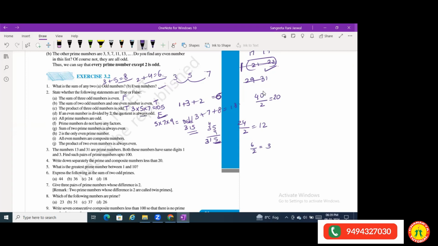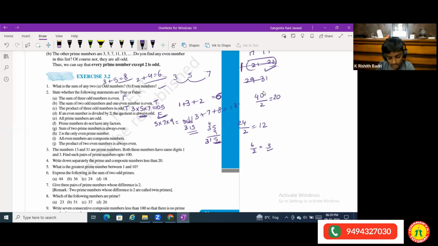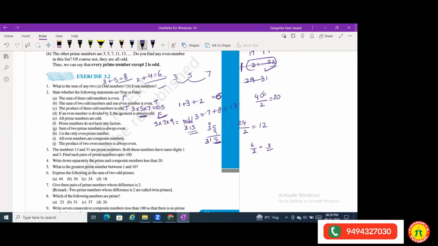It's not always odd, no? Sometimes I'm getting an odd number, sometimes an even number, depending on what number we divide. So it's not always odd. That's false.